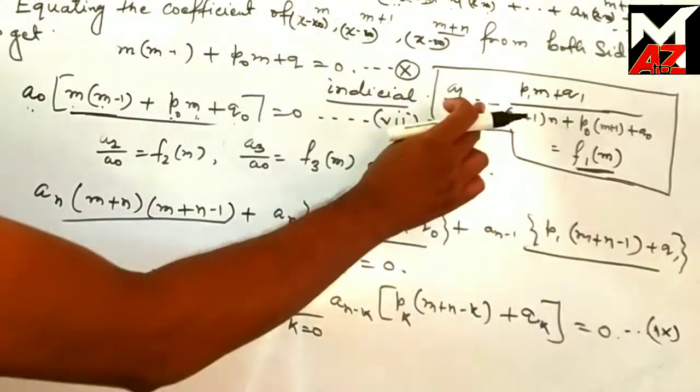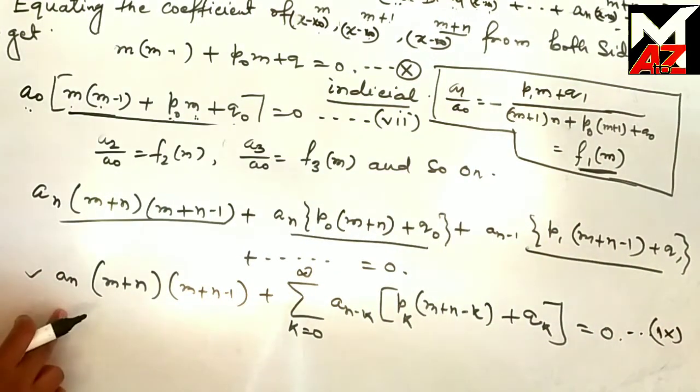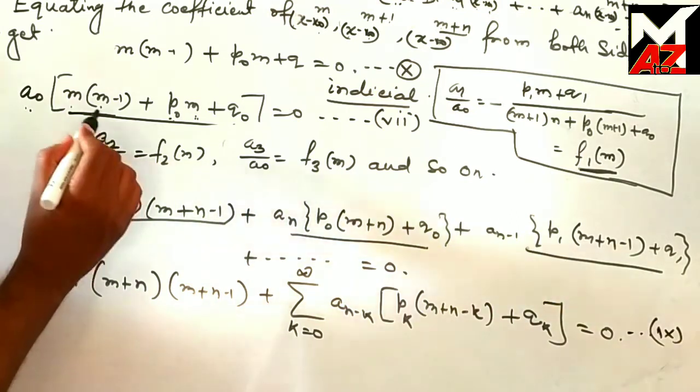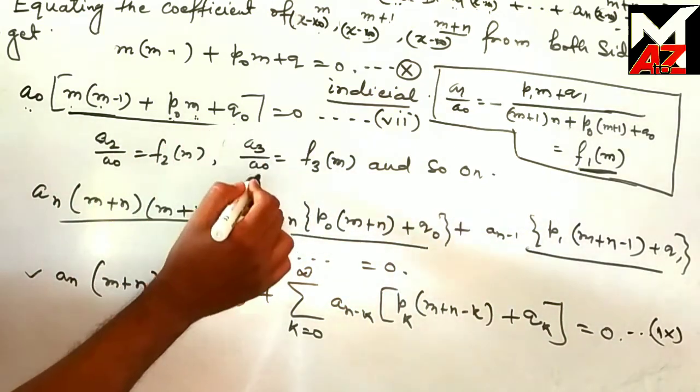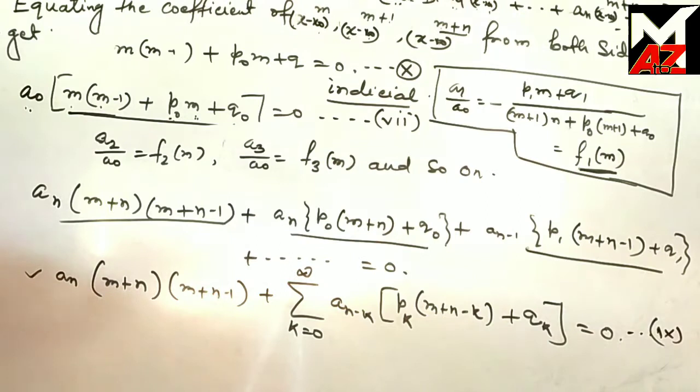From this relation, by putting particular values of n, we get all the values a2 by a0, a3 by a0, a4 by a0, and so on.